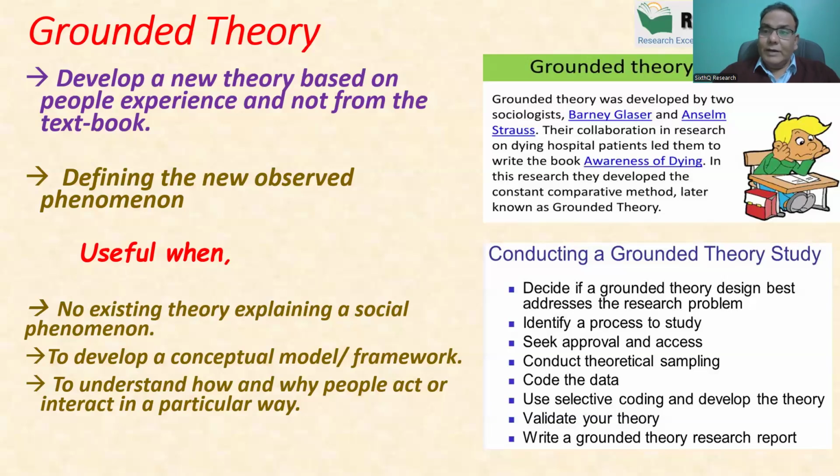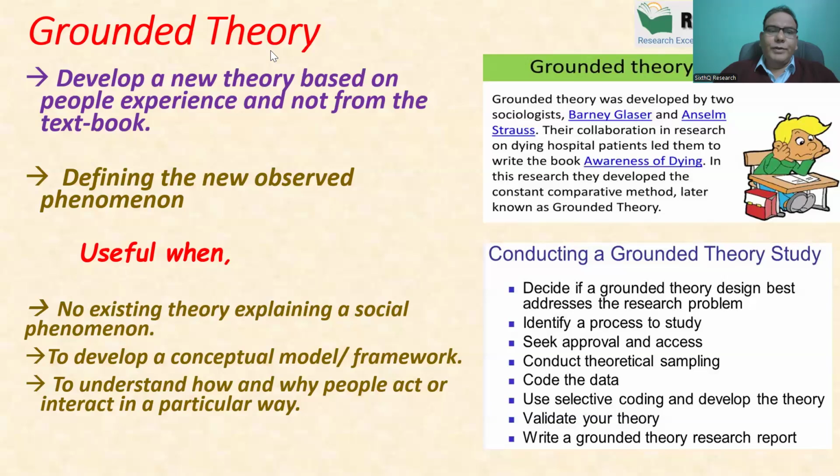Then we identify the relationship between the themes, and on the basis of that relationship, we propose a model, and then we can go for testing of that model. So grounded theory ends at the stage of proposal of the model. If you are proposing a model, at that time grounded theory ends. Testing will come later on.